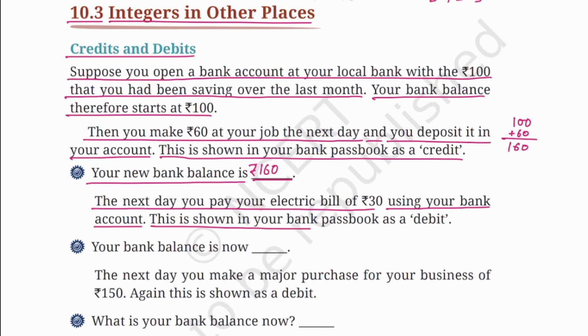This is shown in your bank passbook as a debit. Now your bank balance will be 130. Your bank balance is now rupees 130.